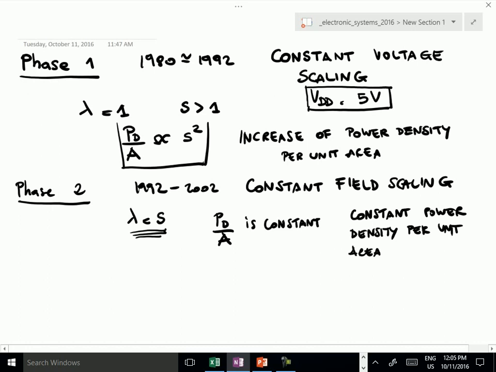So the great advantage is that if you keep the area of the integrated circuit constant, the total power consumption of the integrated circuit is constant. Let's assume it is a microprocessor.